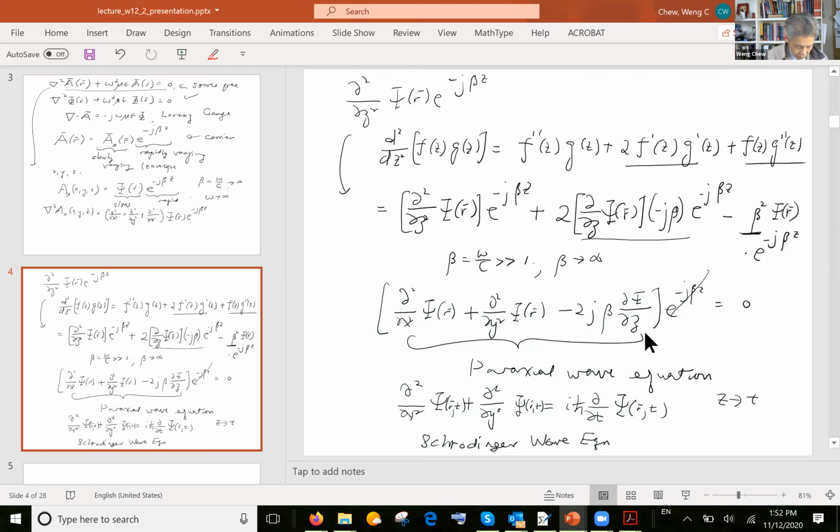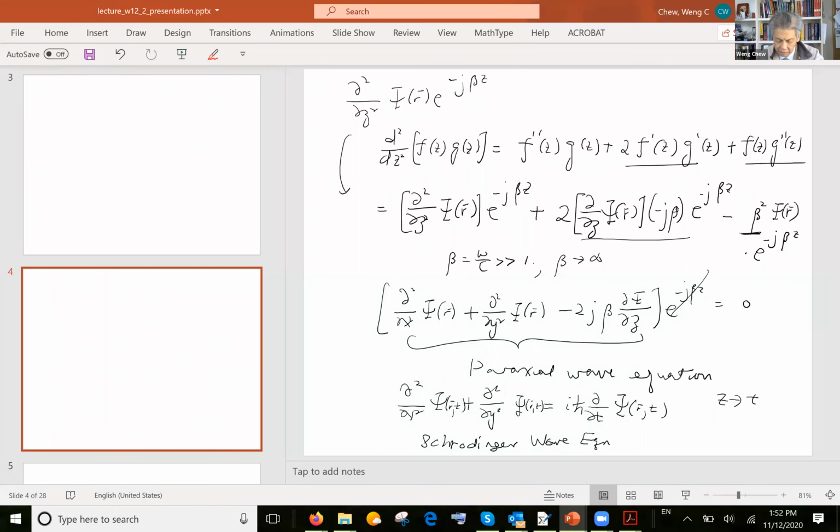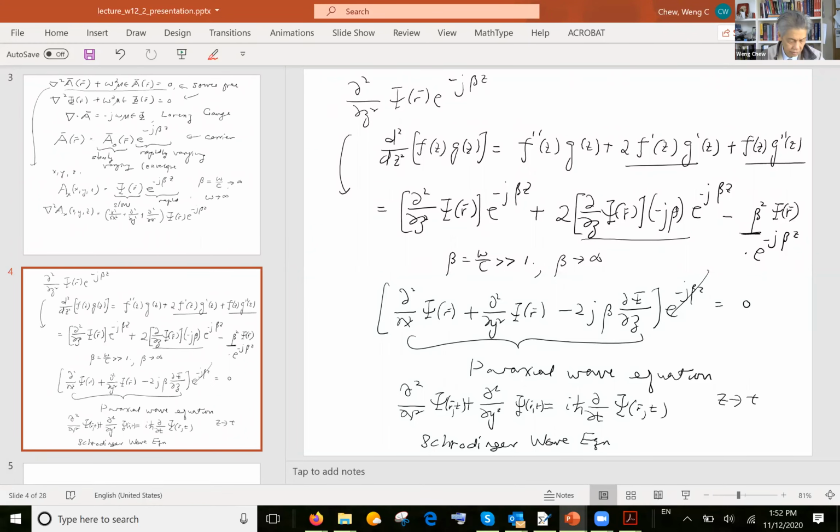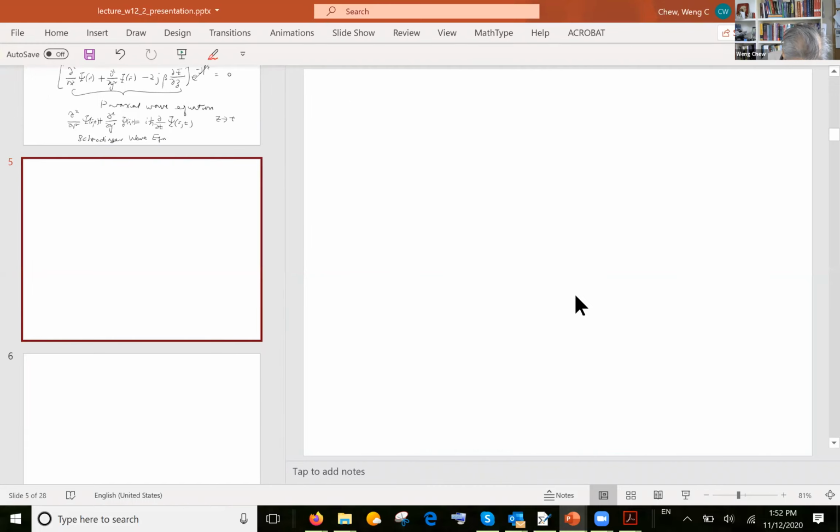So what is the paraxial wave equation? It's essentially a wave equation where the phase is changing rapidly in the z direction. Okay, the phase is changing rapidly in the z direction, and the other parts of the solution are actually varying very, very slowly.